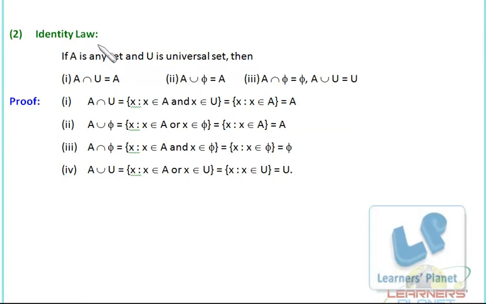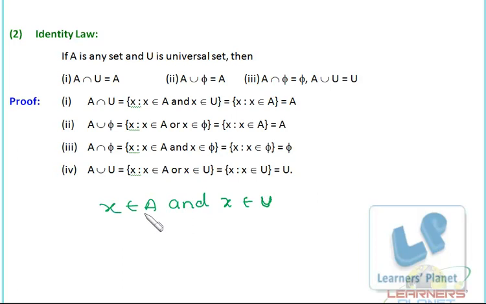Now next is the identity law. If A is any set and U is the universal set, then A intersection U is A. Let's take all the laws one by one. A intersection U. Now as I told you, you need to assume an element that belongs to A. So X belongs to A. Now if A intersection U is there, that means simultaneously, that is AND, X should belong to U also.